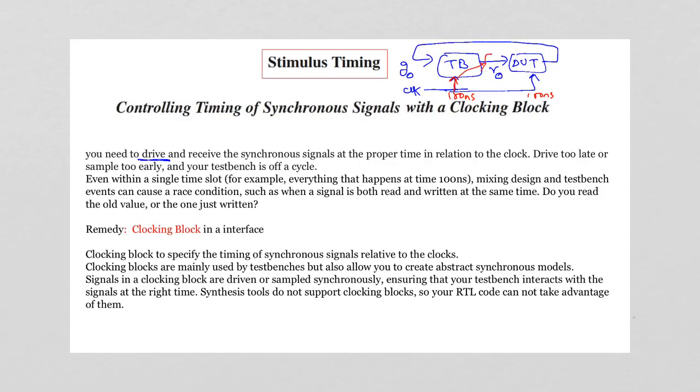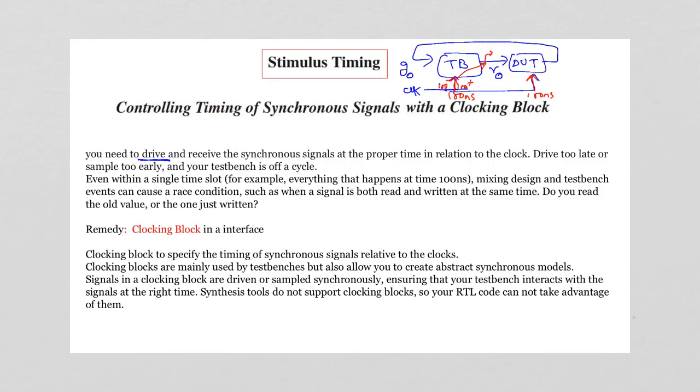So just before it has the old value, just after this 100 nanoseconds it has a new value. If you think 100 minus is just before, 100 plus you can think of as just after. So just before the clock edge it has the old value, just after the clock edge it has the new value, even at the same clock edge.